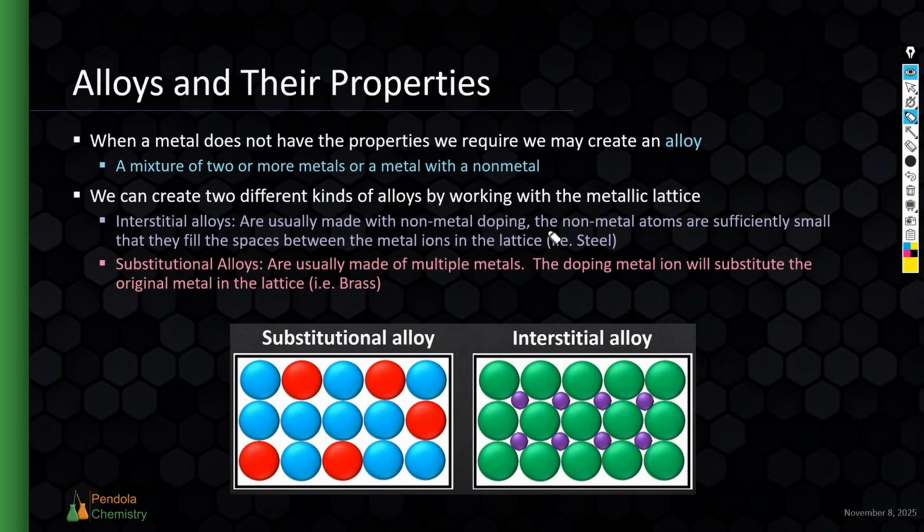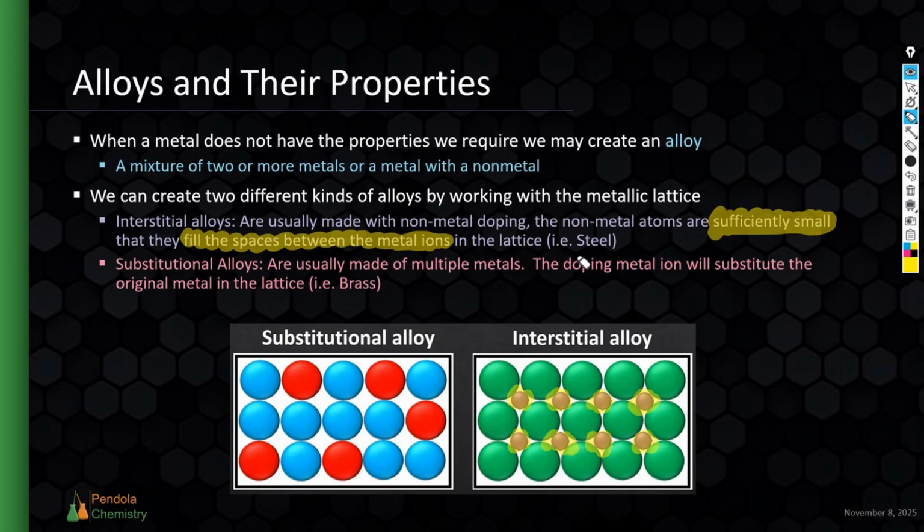But the key thing here is that they need to be sufficiently small that instead of disrupting the metallic lattice, they're going to fill the spaces between the metal ions. So interstitial alloys are metallic lattices to which we have added something that is small enough that instead of taking the place of one of the metal cations, they're simply going to fit in between them.